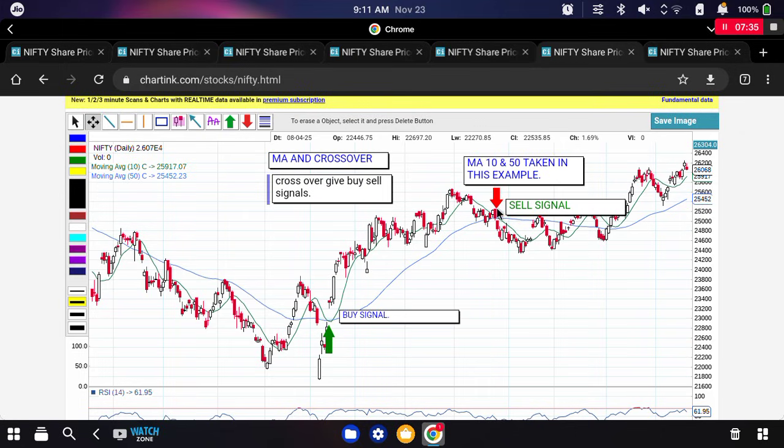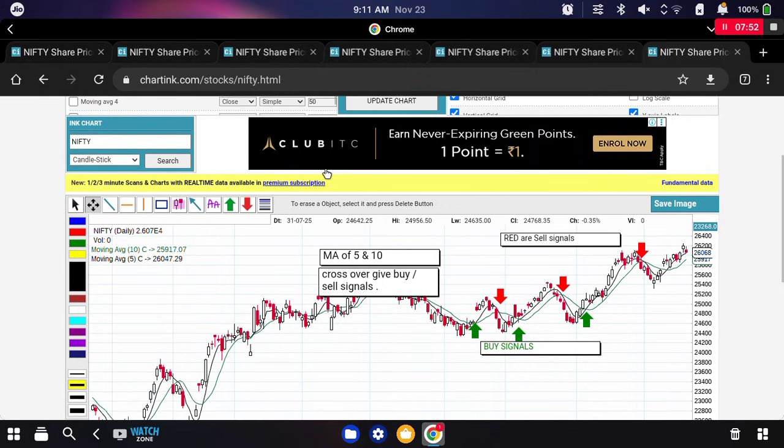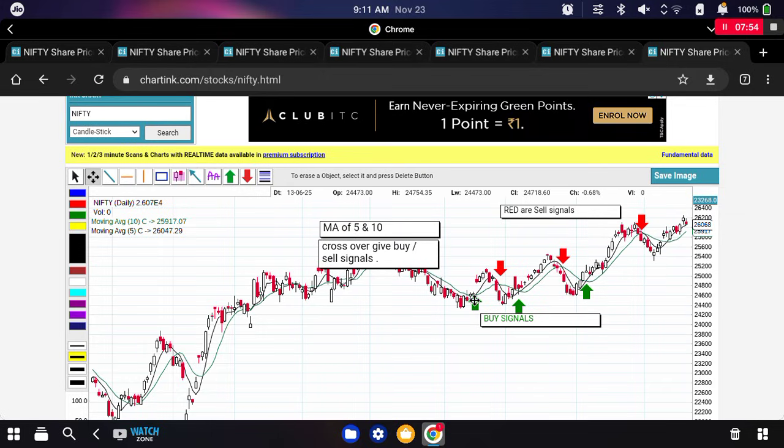Friends, we will see one more example where we will take a different moving average. Here in this we have taken 10 and 15 moving average. Let us check with one more. Here moving average which we have taken here is, you can see this moving average we have taken is 10 and 5. Right? So the crossover is here: buy, sell, buy, sell, buy, sell.